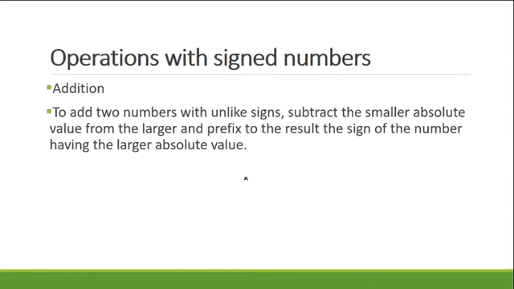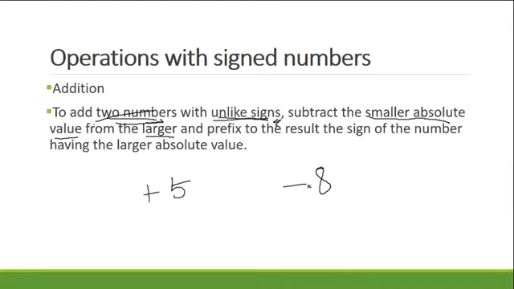So take note here that we are going to add two numbers with unlike signs. Let's say positive 5 and negative 8. Sabi dito, subtract the smaller absolute value from the larger. So, subtract natin yung 5 sa 8.